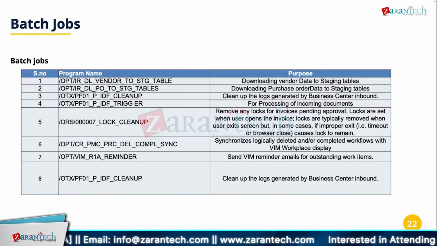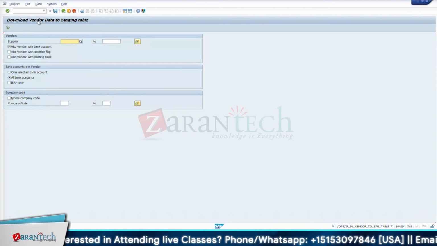It will be downloading the data into this table, and then they utilize this table for matching your IDs, and that process is there, right, to identify your vendor and company code. That will be taken care of by this program. So this will be vendor and company code data, and you generally put all bank account information as well.